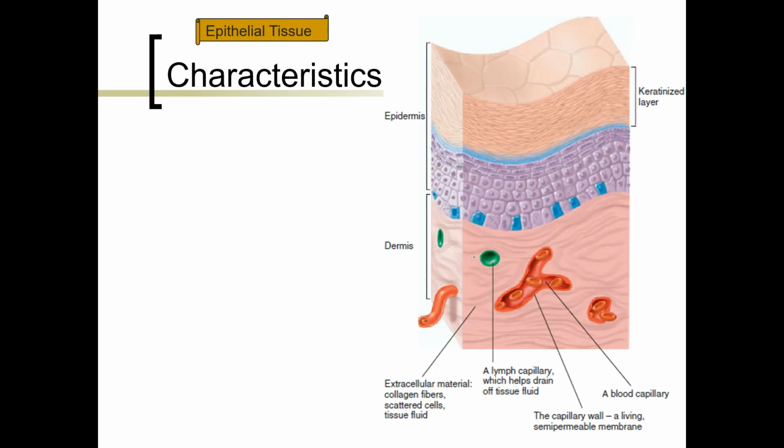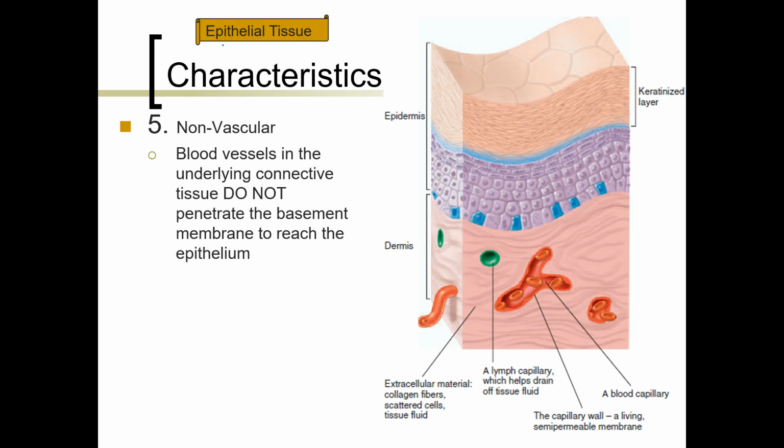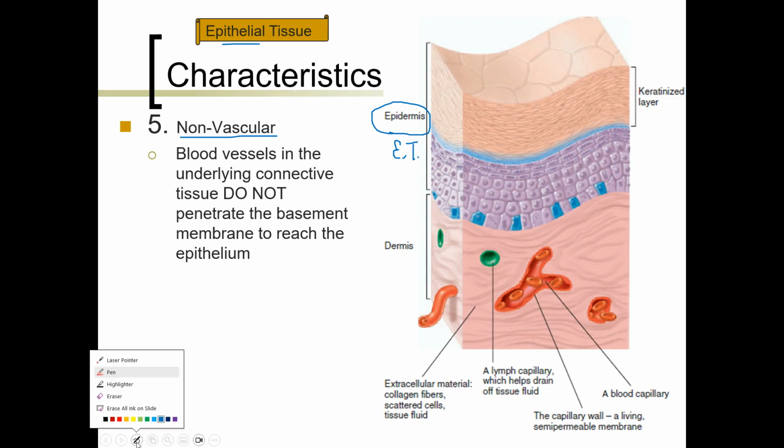This right here could be, for instance, skin that we're looking at, and one of the characteristics of epithelial tissue is that it is non-vascular, also known as avascular. Those two words mean the same thing. And you can see this epidermis right here, which is the outer layer of skin. This epidermis is made of epithelial tissue. And if you take a look, you can see that epithelial tissue goes from here all the way to here.